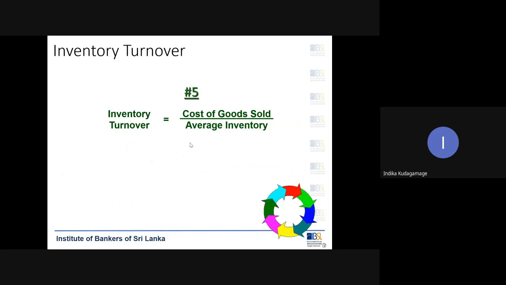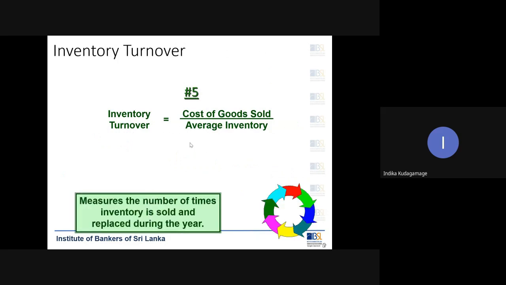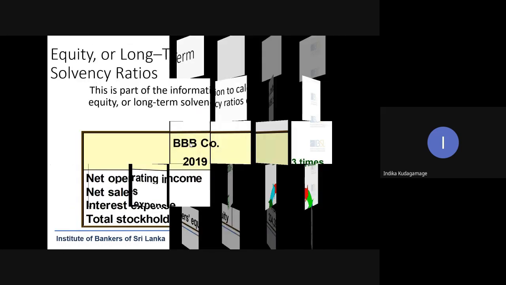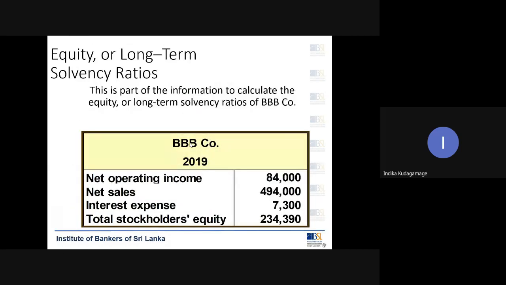Inventory turnover, cost of goods sold, average inventory, measures the number of times inventory is sold. Then we go to equity or long-term solvency ratios. That is to look at the financing part, the relationship between debt, long-term debt and equity.